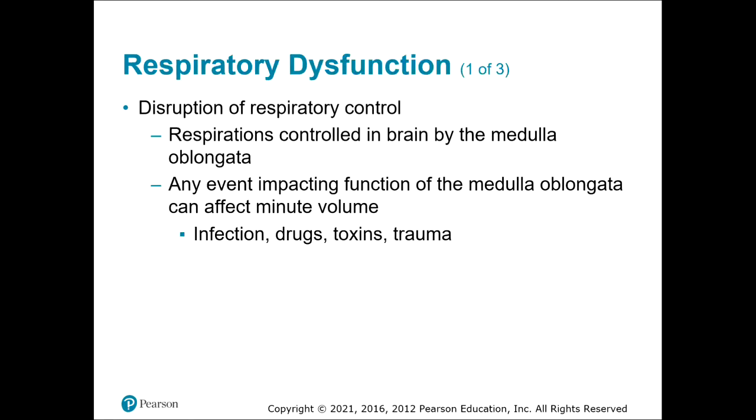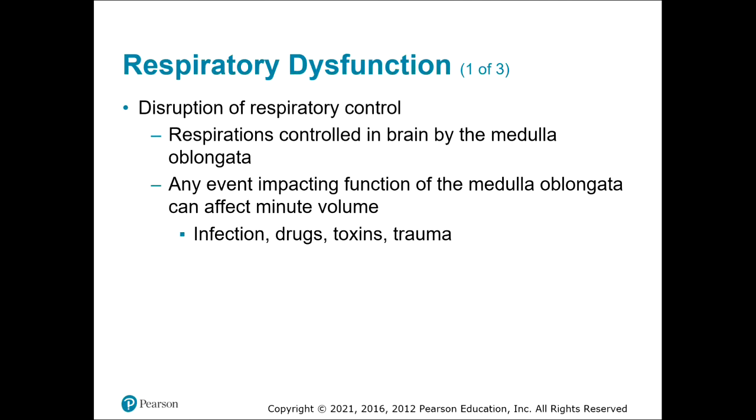Okay, so starting from the top. One thing that can affect our minute volume is our respiratory rate. If we have a disruption in our respiratory control center, which comes from our medulla in our brain, our respiratory rate can either become irregular, decrease, become apneic, or increase and become too fast.